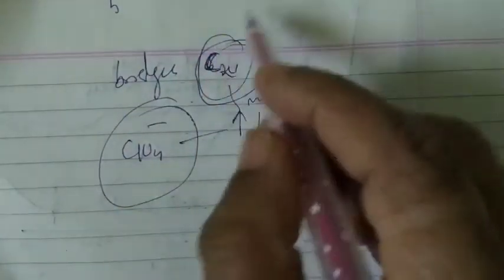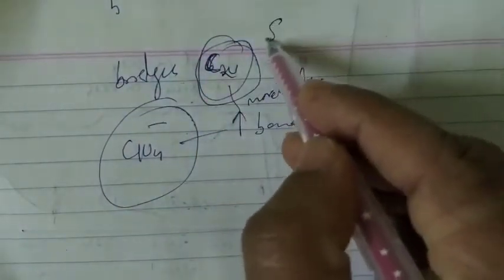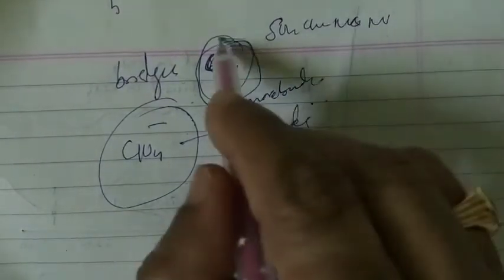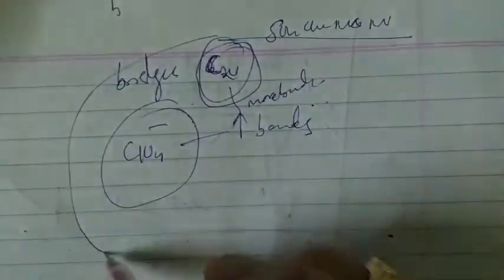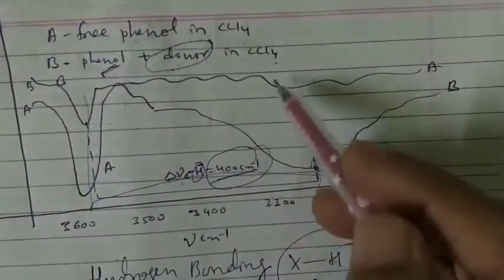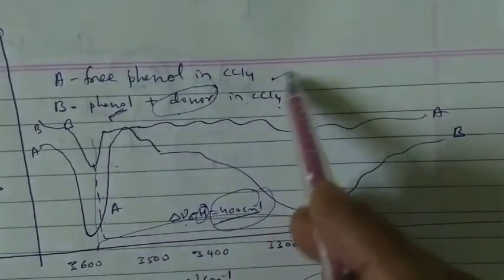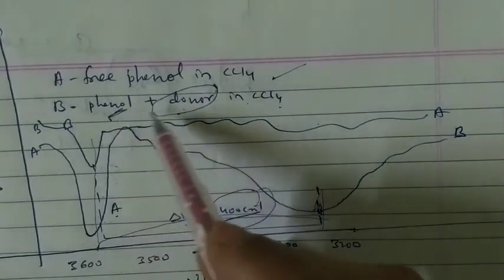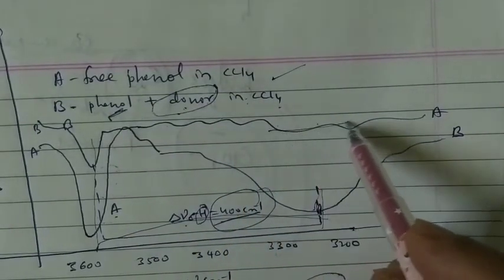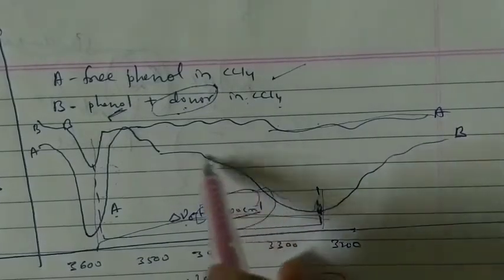So in this video we have learned about the change in the spectra upon the change in symmetry of ions like sulfate, perchlorate, nitrate, nitrite. And how hydrogen bonding affects the spectra, you have also studied, taking the example of phenol plus donor atoms in CCl4.